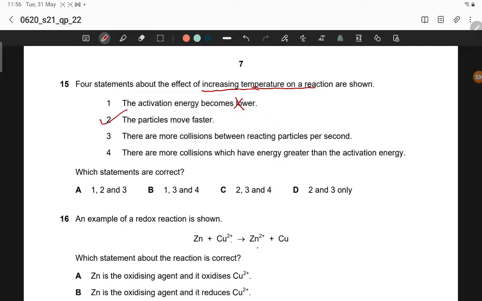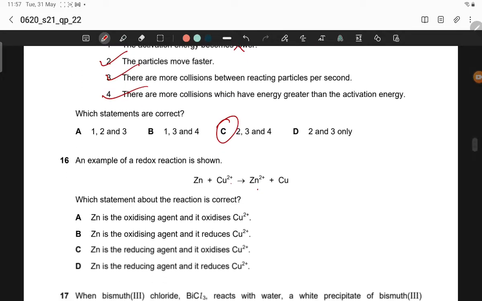Yes, this is correct, because with increasing temperature, particles gain kinetic energy and move faster. There are more collisions between the reacting particles per second. This is also correct. There are more collisions which have energy greater than the activation energy. This is also correct. So 1, 2, 3 and 4, the option is C.